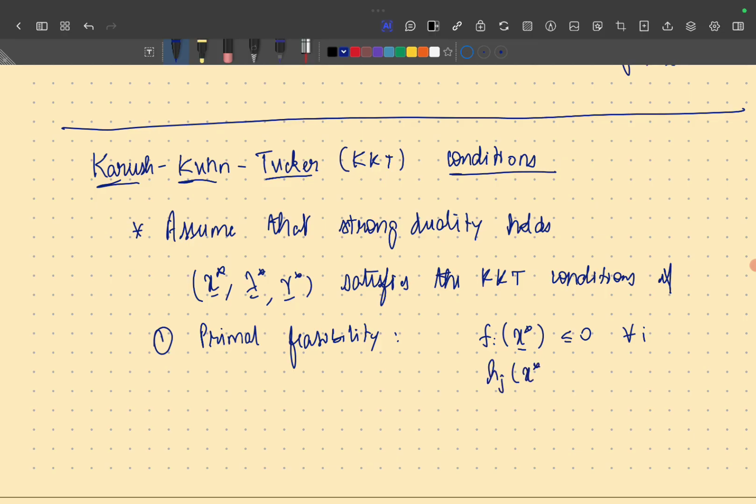Hj of x star is equal to 0 for j equal to 1, 2, 3 up to m.